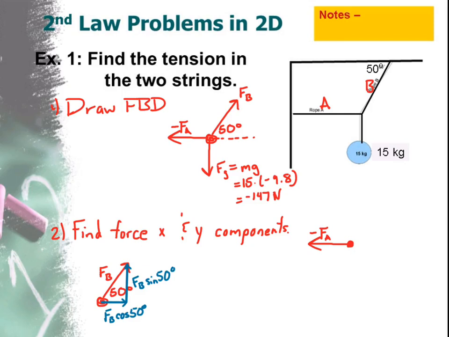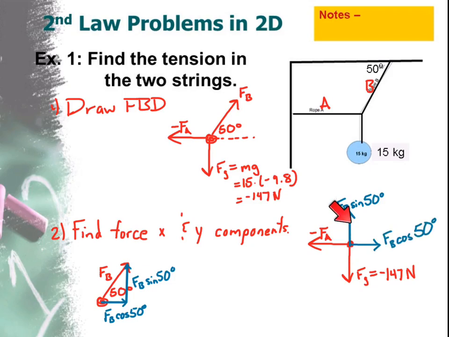Okay, now that I've split this force into its x and its y components, I can go ahead and start redrawing my force body diagram. And I've already written my negative FA, force due to rope A. I have the force due to gravity is negative 147 newtons, that didn't change. And now I'm going to write both of my components, my y component and my x component, on this force body diagram.